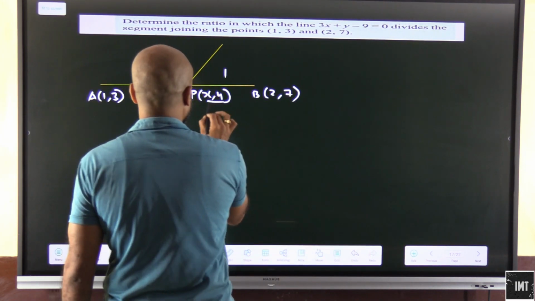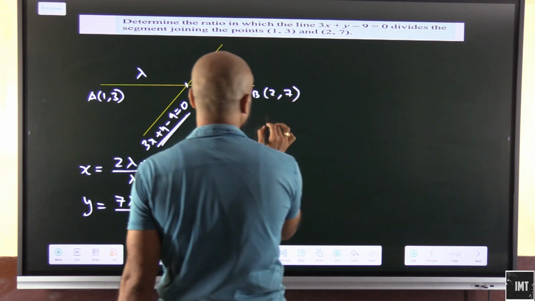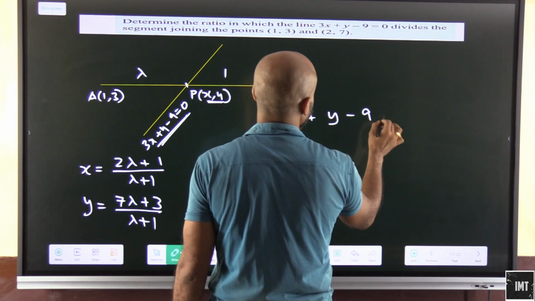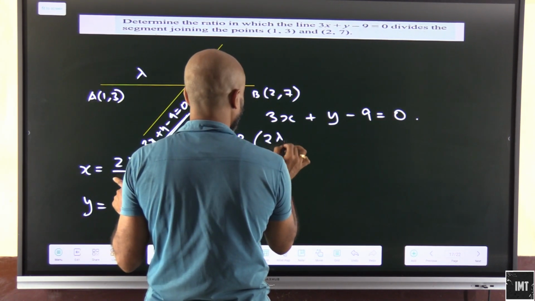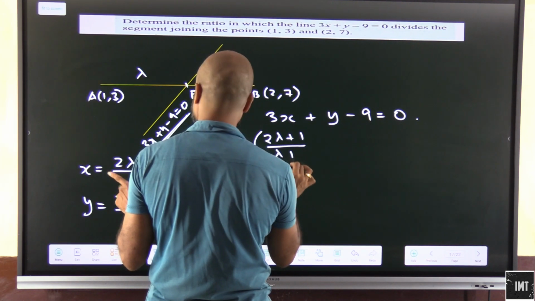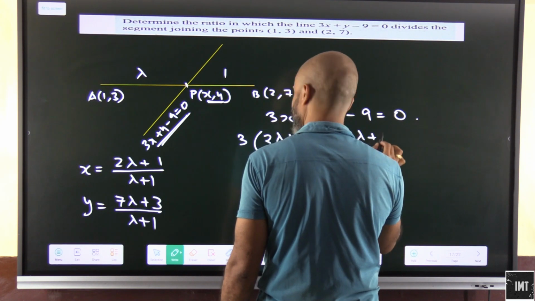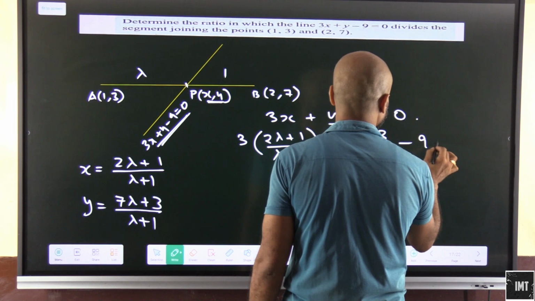Now since this point x, y lies on this line, this x and y will fulfil the equation. So the equation is 3x plus y minus 9 is equal to 0, which we can put across as 3 into (2 lambda plus 1 upon lambda plus 1) plus y, that is 7 lambda plus 3 upon lambda plus 1, minus 9 is equal to 0.